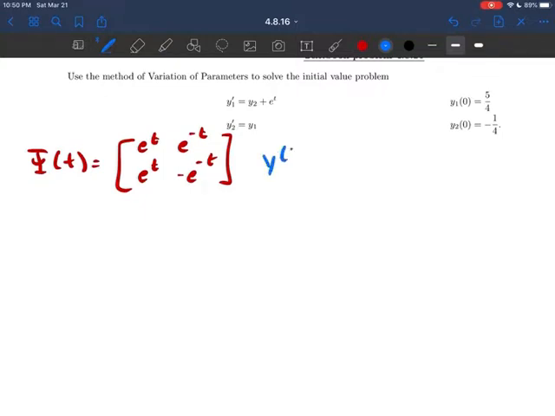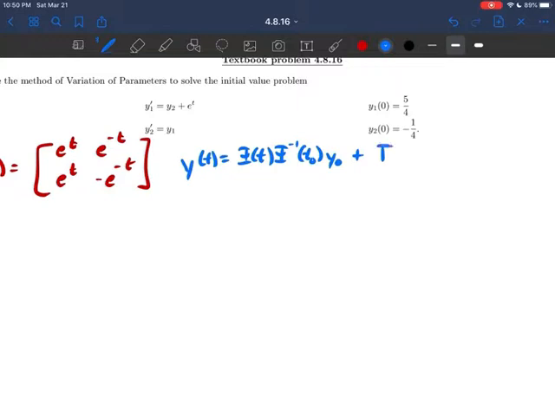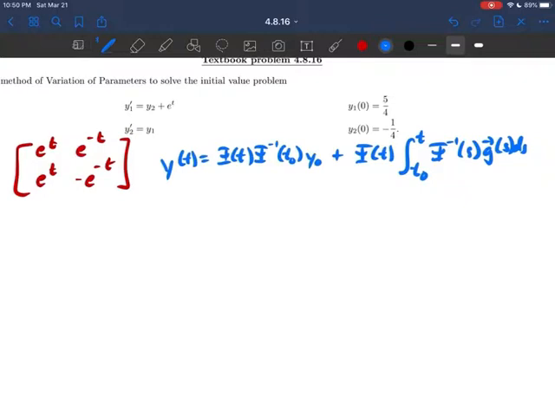So remember that we have y of t equals C of t, C inverse of t0, y0, plus C of t times the integral from t0 to t of C inverse of s, g of s, ds.